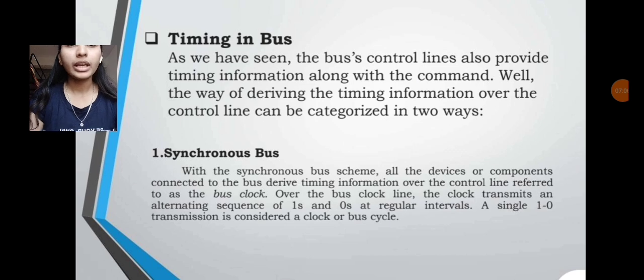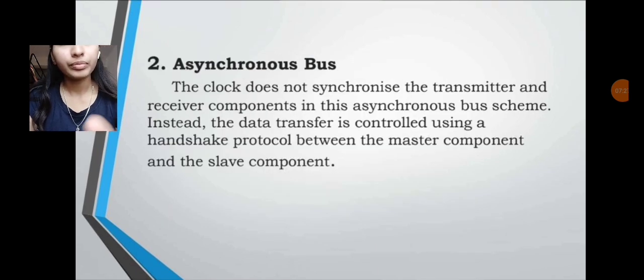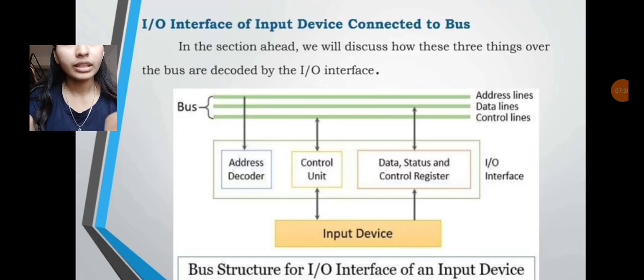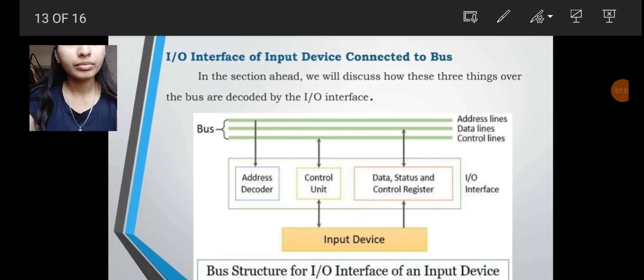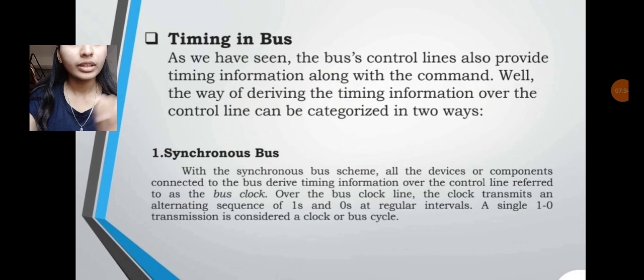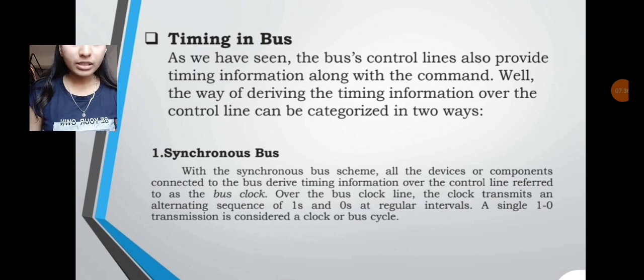Timing in bus. As we have seen, the bus's control lines also provide timing information along with the command. The way of deriving the timing information over the control line can be categorized into two ways, that is synchronous bus and asynchronous bus. Let us first discuss the synchronous bus.